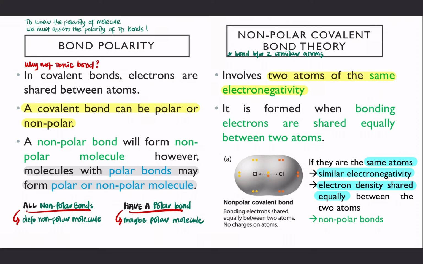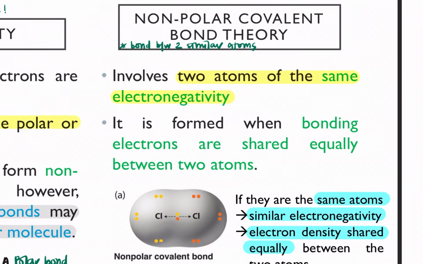Tak semestinya awak akan dapat polar molecule kalau awak ada polar bond. So boleh jadi awak dapat non-polar molecule juga, because it will depend on the shape of your molecule and the electronegativity between your atoms.